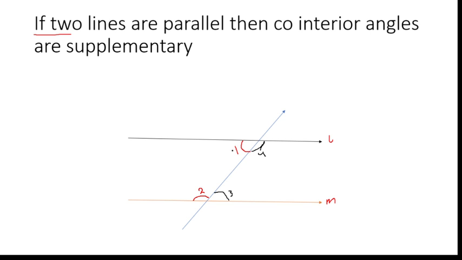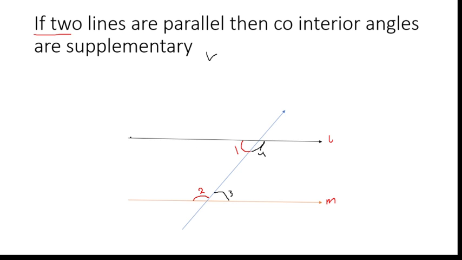If we are able to prove angle 1 plus angle 2 is equal to 180, then it proves our statement. Or if we are able to prove angle 3 plus angle 4 is equal to 180, then it also proves our statement, because these two pairs are obviously co-interior angles. We need to prove just one of them.